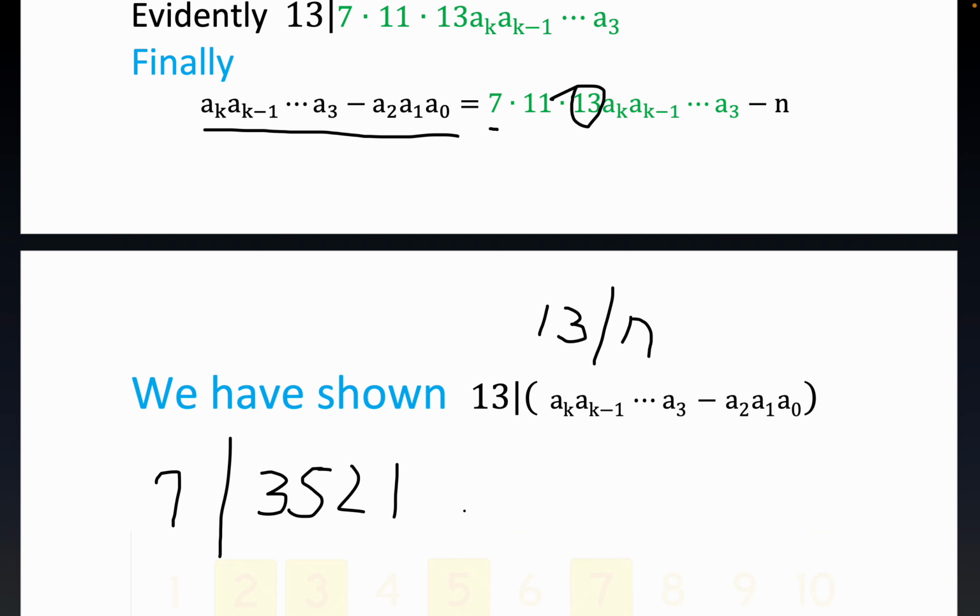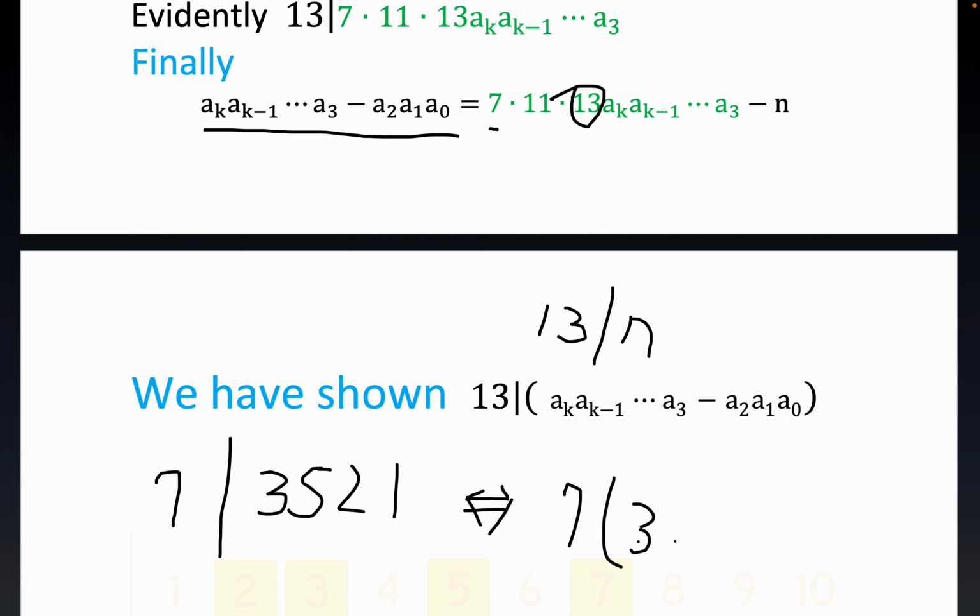Let me put if and only if, even though I didn't rigorously show it. Everything is reversible, so this is an if and only if. 7 divides 3 minus 521.